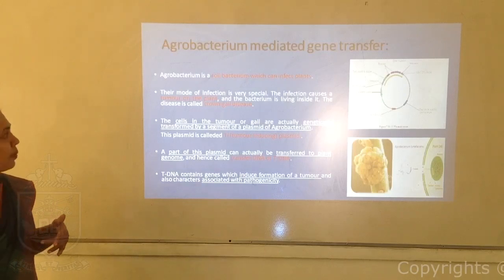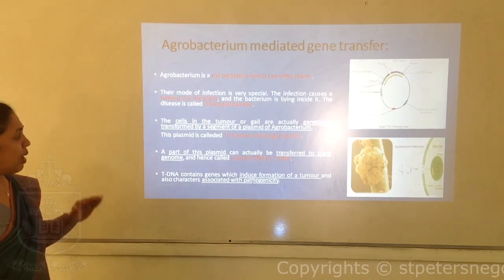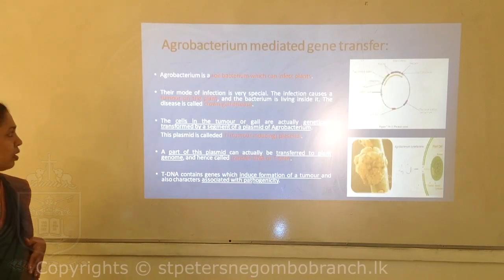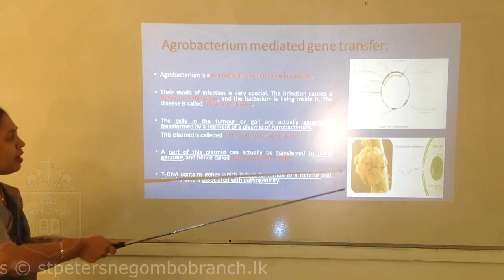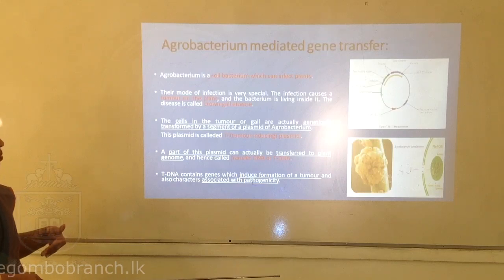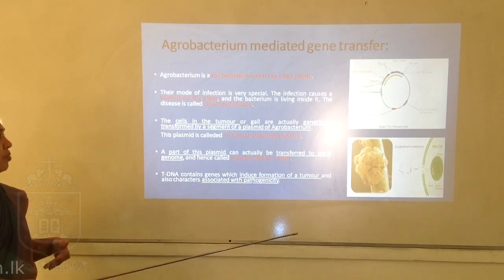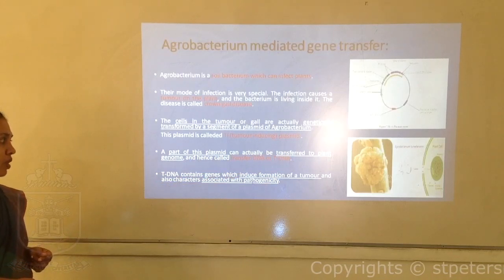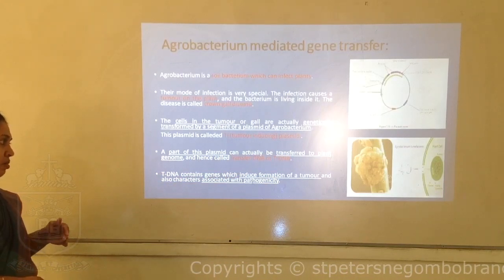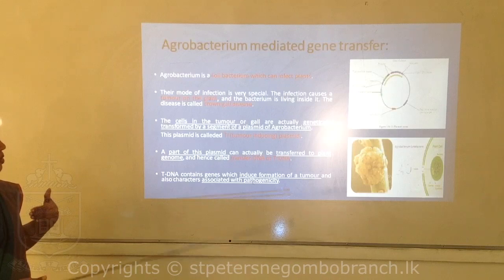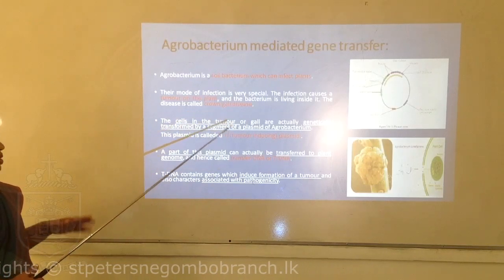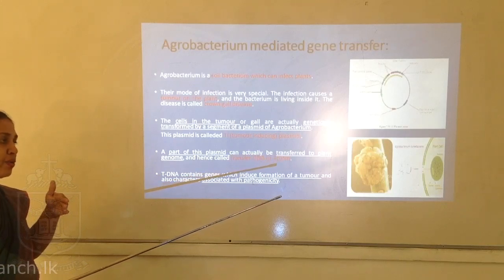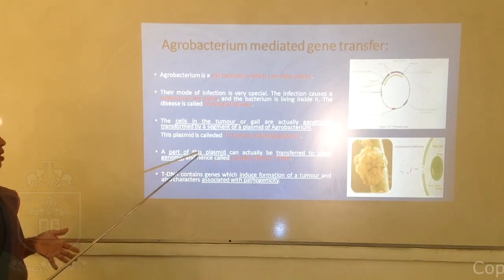The bacterium is living inside it, and the cells of the plant are genetically transformed by a segment of agrobacterium. So, if we can give our needed DNA to this bacterium, it usually transforms the cells of the plant. So, we are using this method.